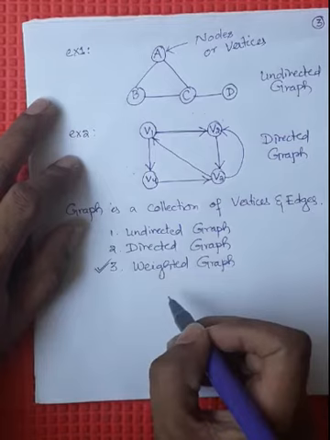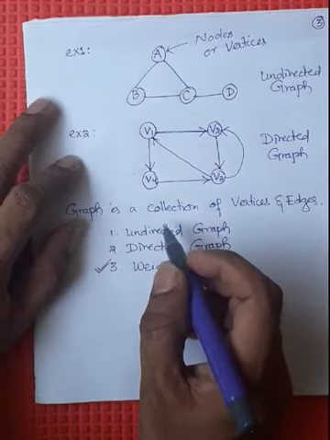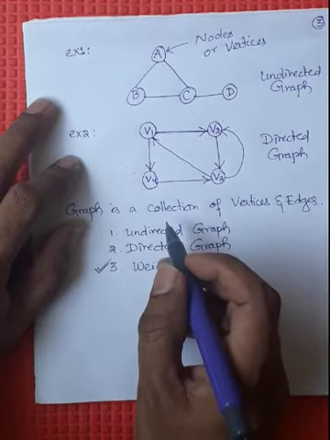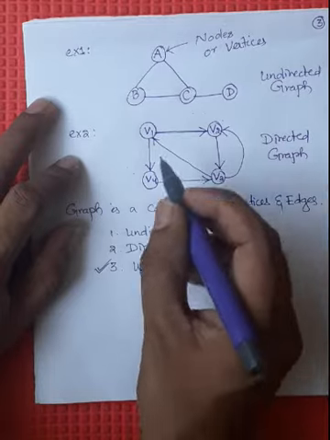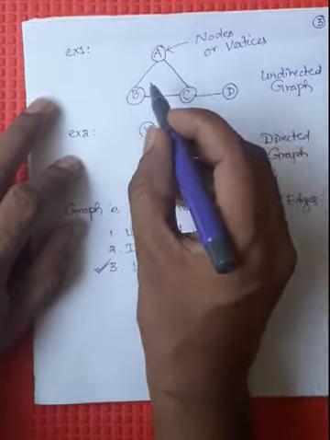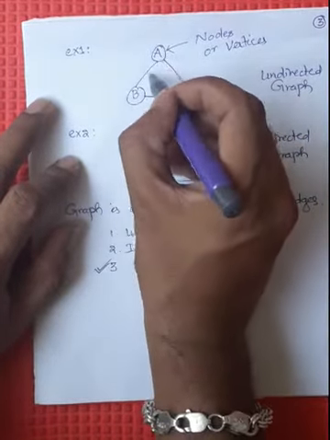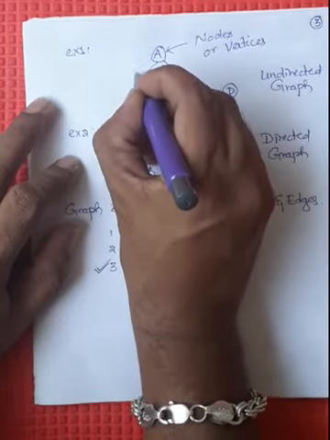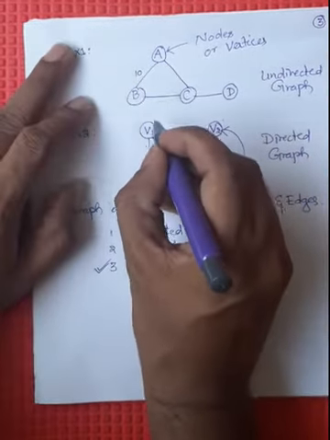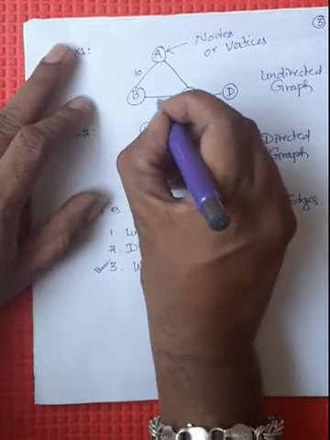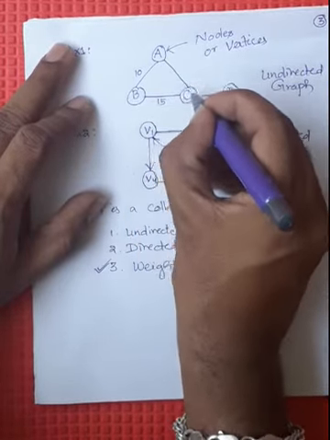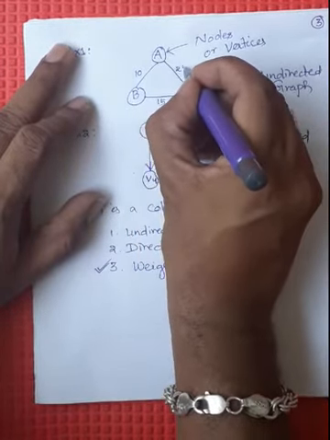How can it be represented? For each edge we can represent some cost or distance or weightage. Let us say in the undirected graph, from A to B there is a distance of 10 kilometer. Let's say B to C there is a distance of 15 kilometer. A to C there is a distance, let us say 25 kilometer.